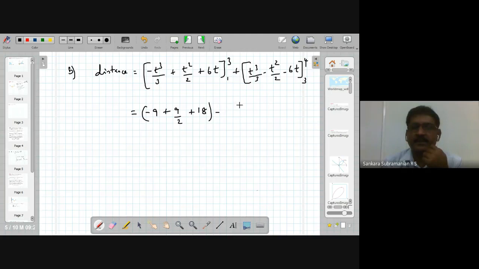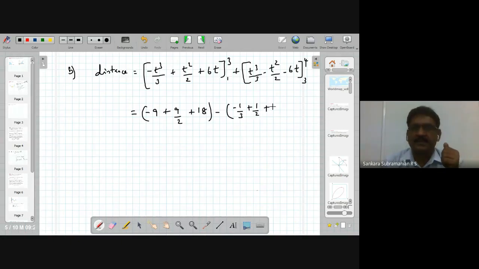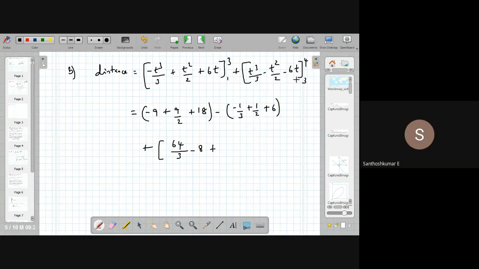Upper limit minus the lower limit is minus 1 by 3 plus 1 by 2 plus 6. For the second integral, the upper limit is 4 cube, 64 by 3, minus 16 by 2, which is 8, and minus 24.